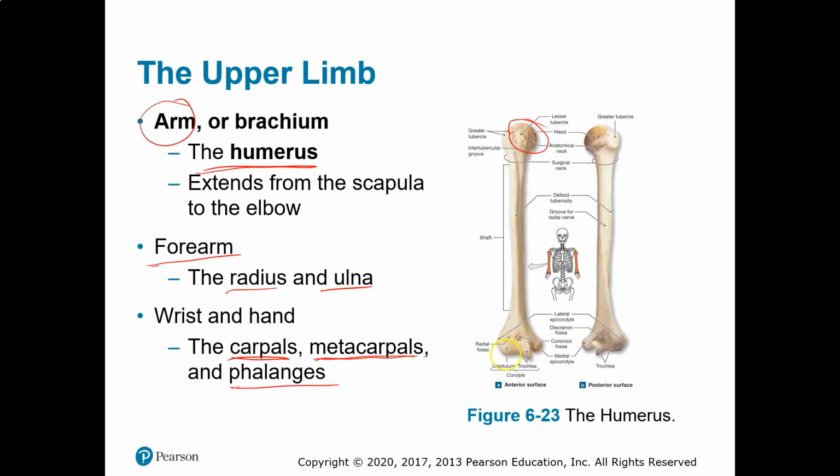So down here, this part is the trochlea that articulates with the ulna, and then this part is the capitulum, which articulates with the radius. So anyway, together they form the elbow joint, and you can also see the greater and lesser tubercle on the humerus, and you can see the medial and lateral epicondyles.